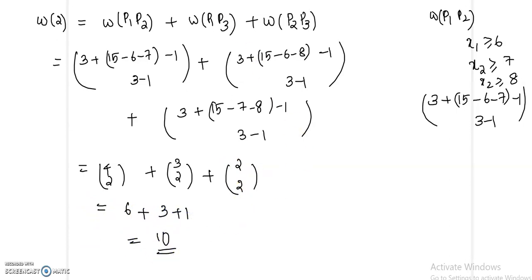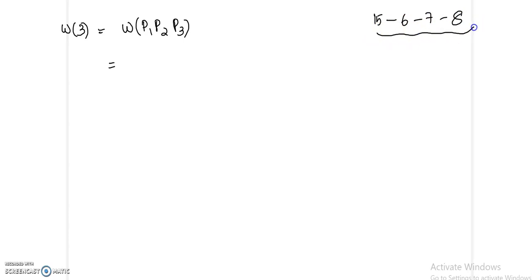Now we only need to find omega of 3. So it must satisfy the properties P1, P2, P3. So we will get 15 minus 6 minus 7 minus 8. So this is not possible.